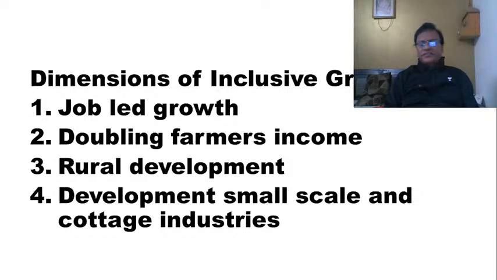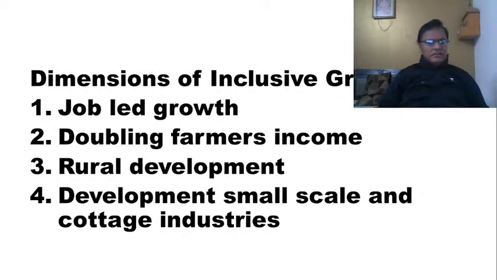In the 1950s and 60s, if you look at our growth model, this is where we talk about the planning process, the focus was more on ensuring rapid economic growth on the assumption that this growth automatically transforms into overall development.